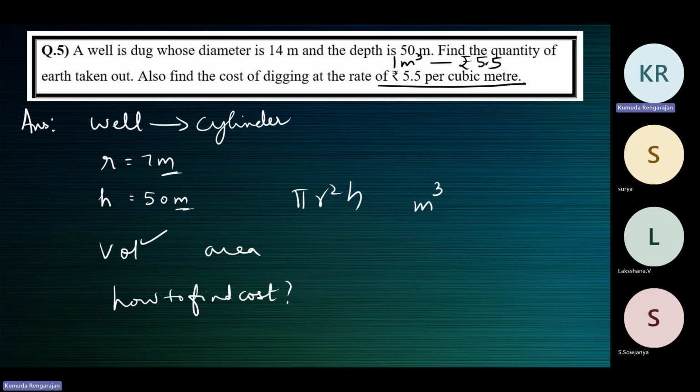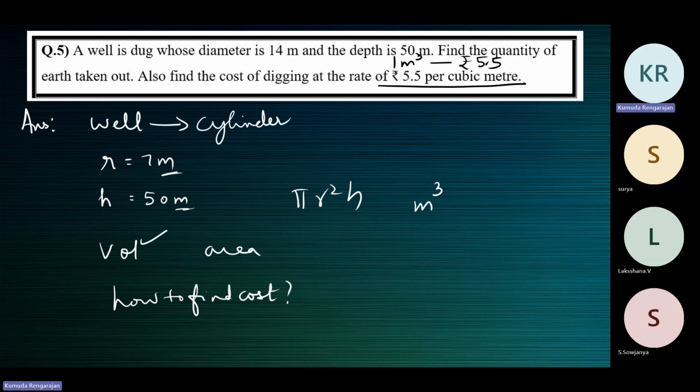That is what is given there. Also find the cost of digging at the rate of rupees 5.5 per cubic meter. So for 1 meter cube, the rate is 5 rupees 50 paise.